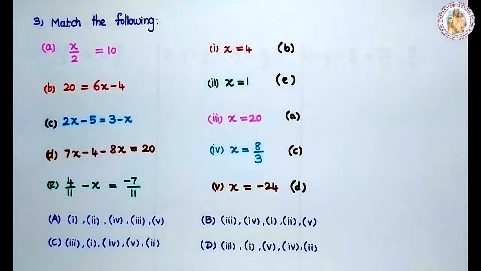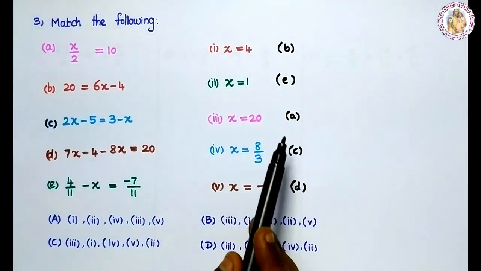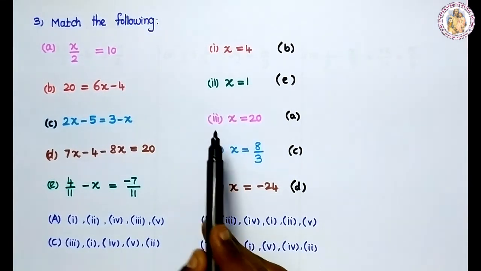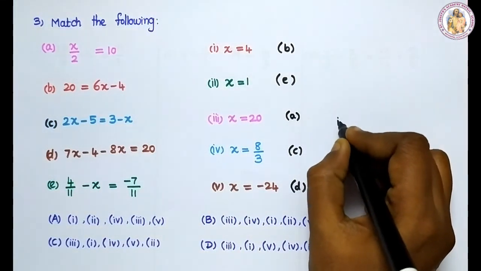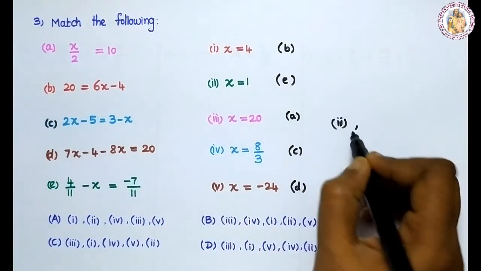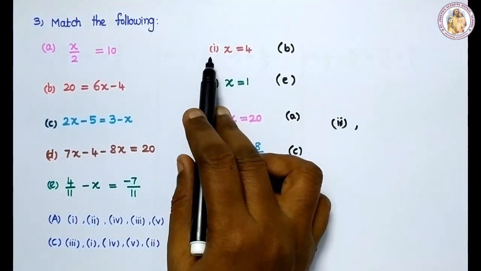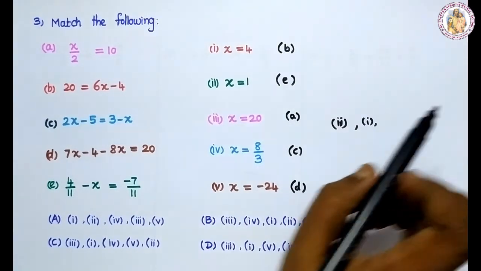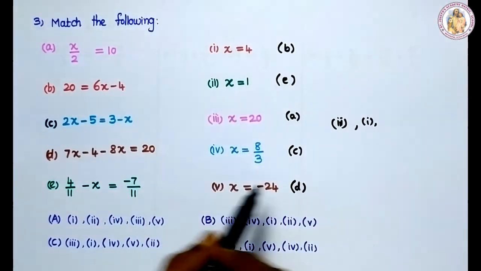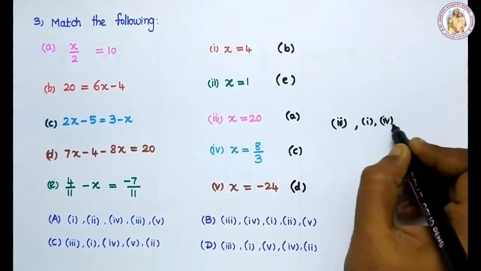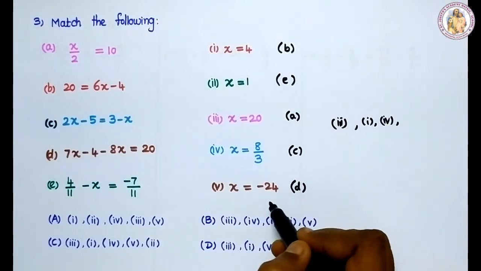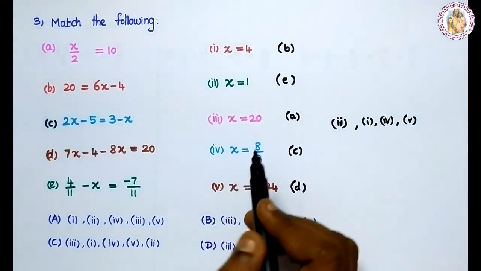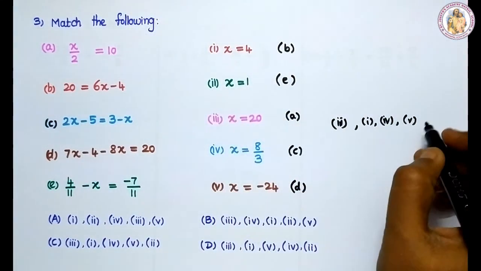Now, first one is what? Third one. So 3. Next one, first answer 1, and C is the fourth one, and D is the fifth one, and E is the second one.